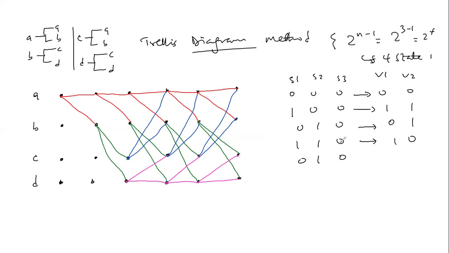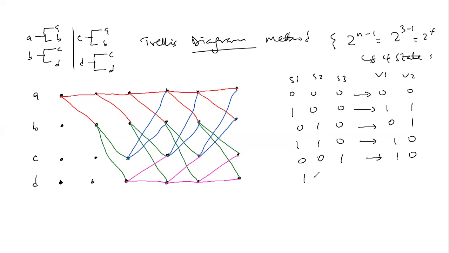1, 2, 3, 4, 1. 0. 1, 2, 3, 4. 0, 0, 1. We have 0, 0, 1. That will give us 1, 0.